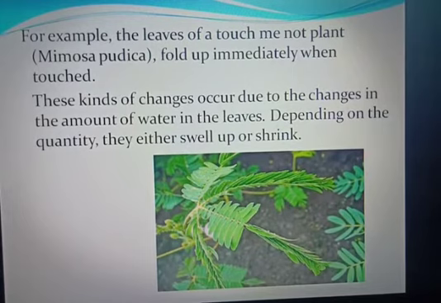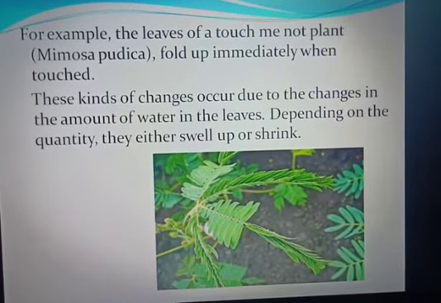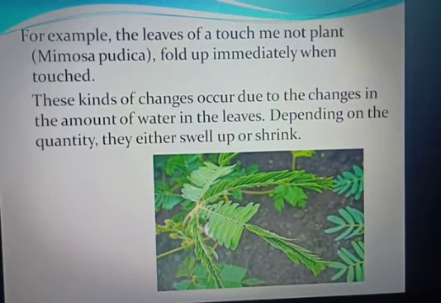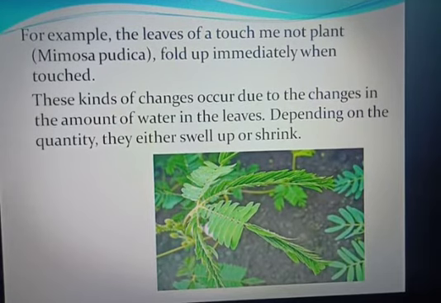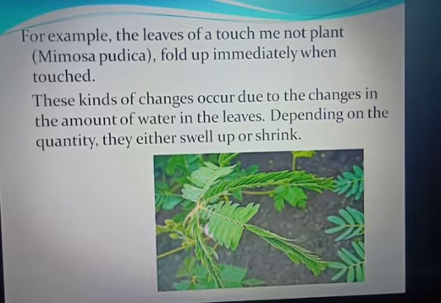As soon as you touch the leaves, it starts folding up. These changes occur due to changes in the amount of water in the leaves, and depending upon the quantity, they either swell up or shrink. Swell up means swollen, and shrinking means reduced, right? So this is the example of Nastic movements.